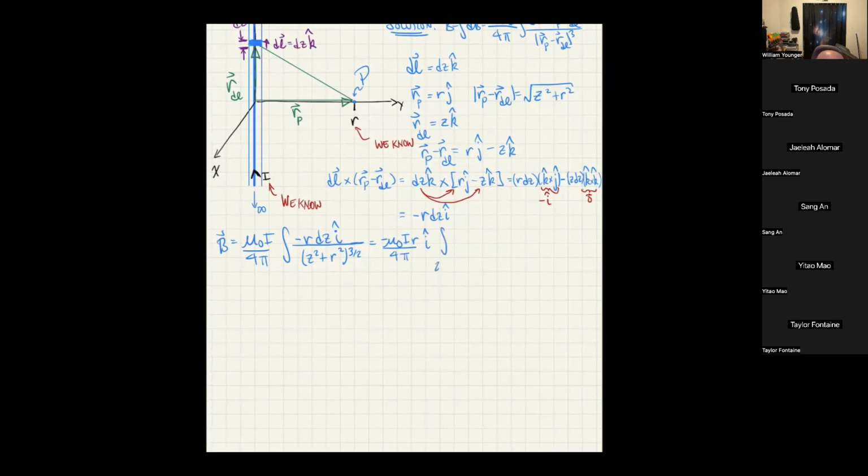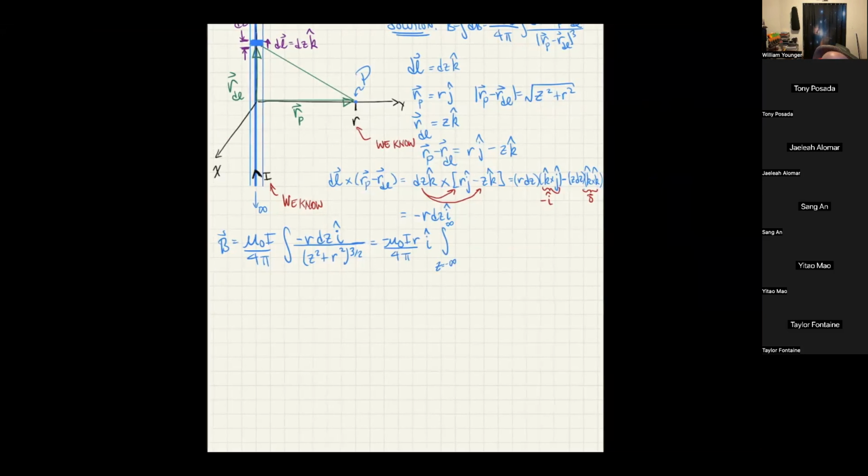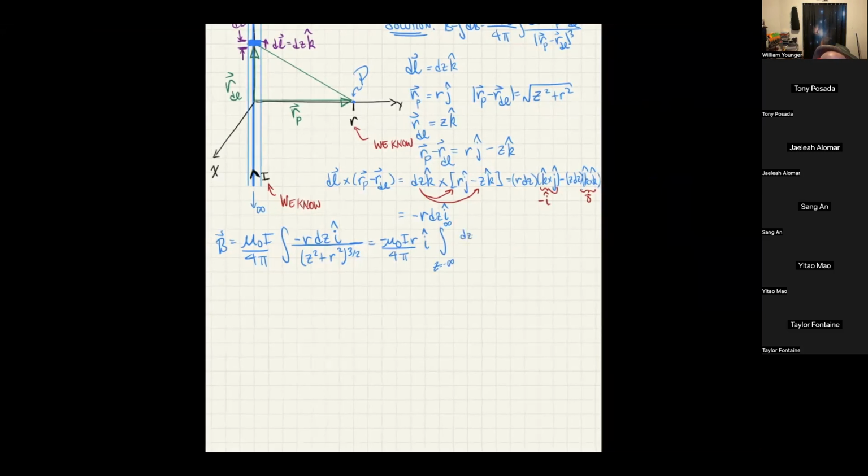Technically, I'm going to integrate from z equals negative infinity, which I really shouldn't write, but we're just going to say negative infinity to positive infinity of dz over the square root of, I'm going to change the order here for a reason. Namely, that I don't like writing it the other way. And that's the 3/2. And now we're going to use a trig substitution.